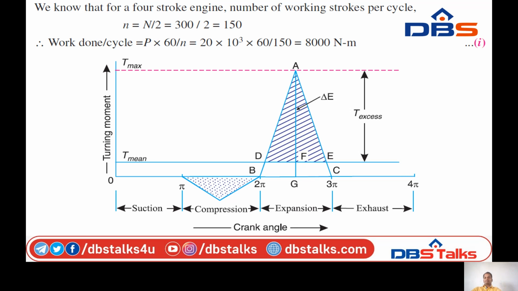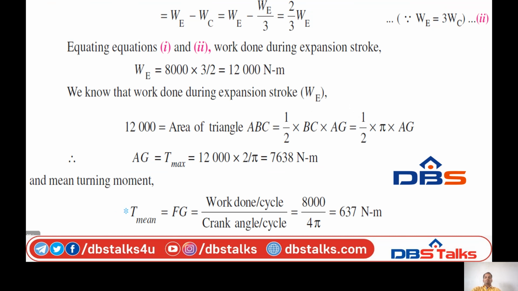For calculating that, half into DE into AF. By substituting all these values, we get 10,081 Newton meter.